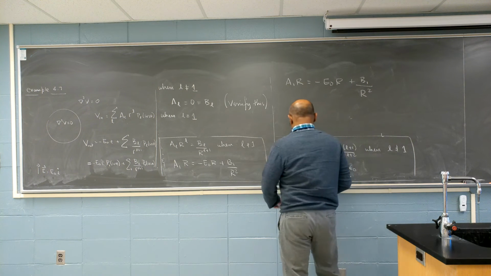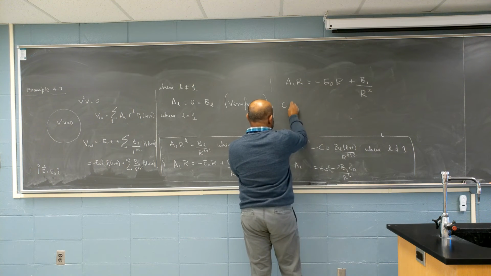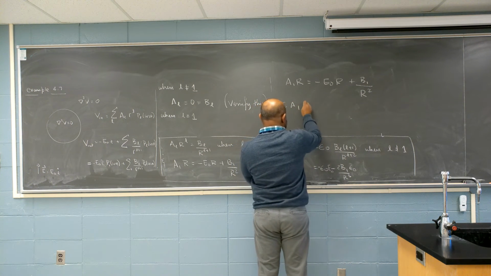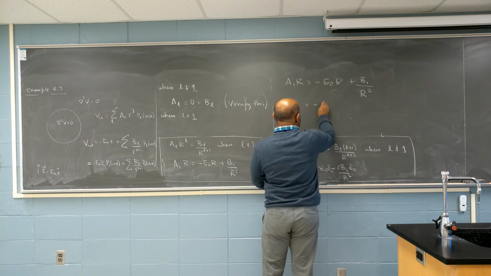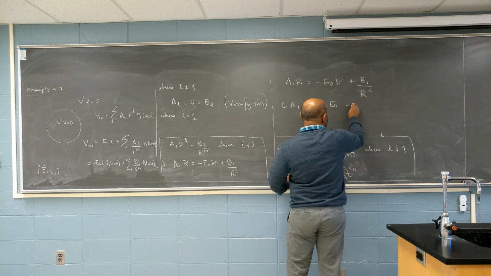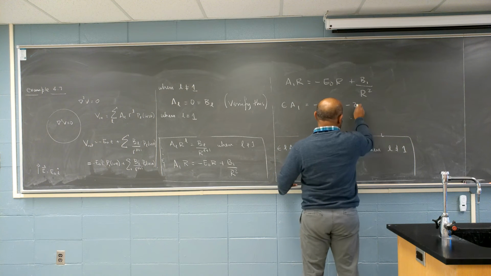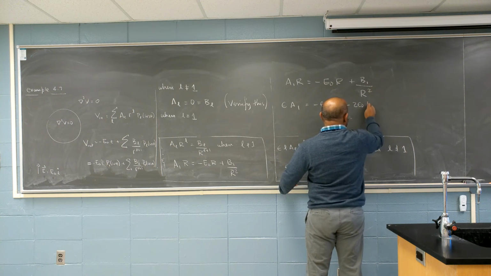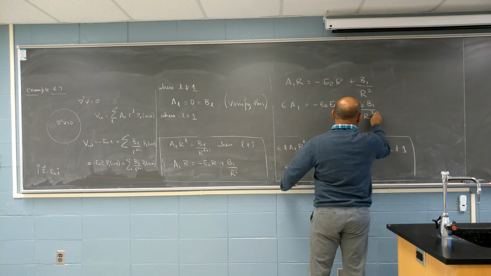My goal is to solve for A1 and B1. The second is A1 is equal to minus epsilon naught E0 minus 2 epsilon naught B1 over R cubed.